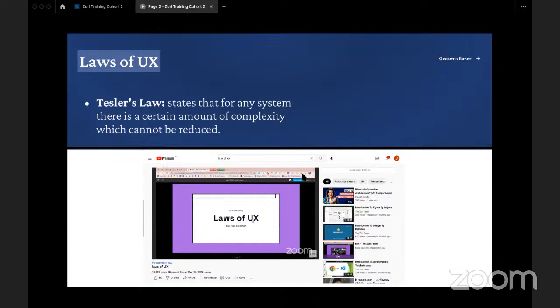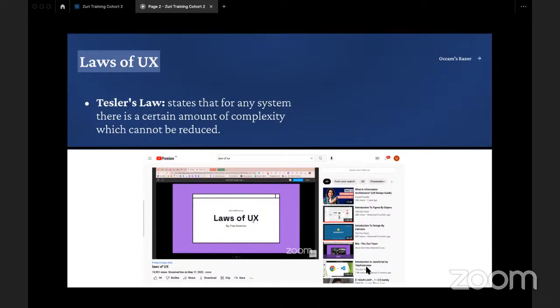Now, they are also following Hick's Law, that states that the more choices you present to your users, the longer it will take for them to reach a decision, which means that everything should be as clear as possible. Categorize choices to make it easier for users to search and identify.